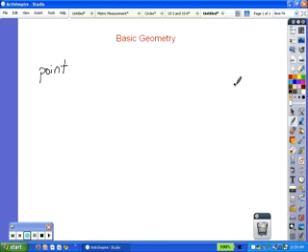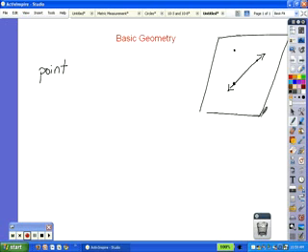If we take this, let's say we take this diagram. We can name any one of those points.